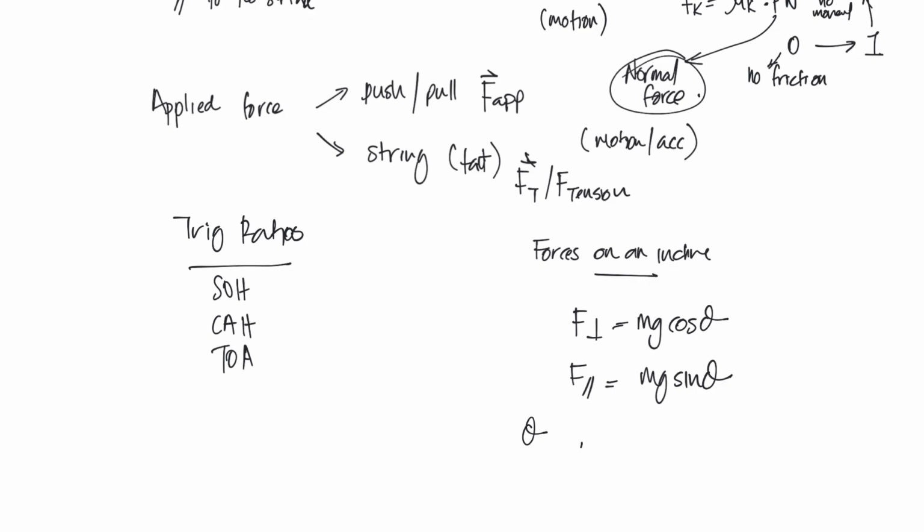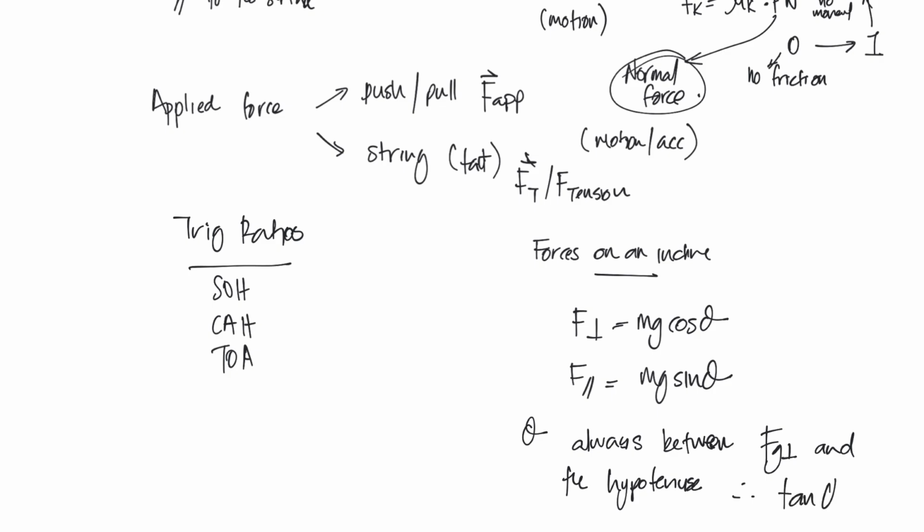The theta angle is always between FG perpendicular and the hypotenuse. So therefore, we'll be forced to use tan theta is equal to opposite over adjacent. And those are all the different types of forces that will be working here.